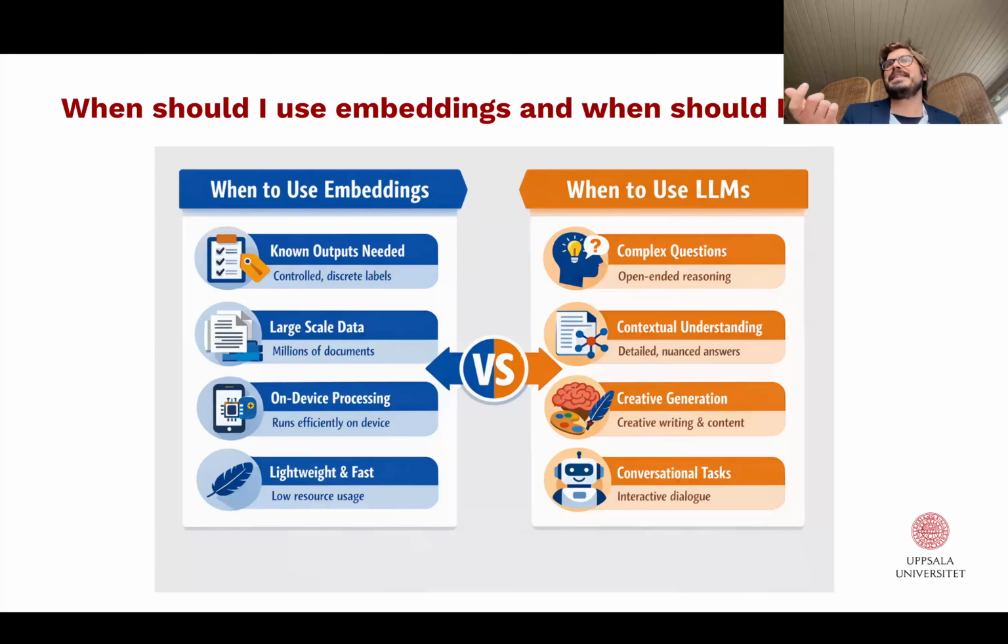Of course, embeddings wouldn't work for making a creative story, right? They don't work like that, so they can't generate language in that way. That's not what you use them for. And embeddings, of course, are small and lightweight, so they can handle a larger amount of text than LLMs. But at the same time, LLMs are better for conversational tasks.